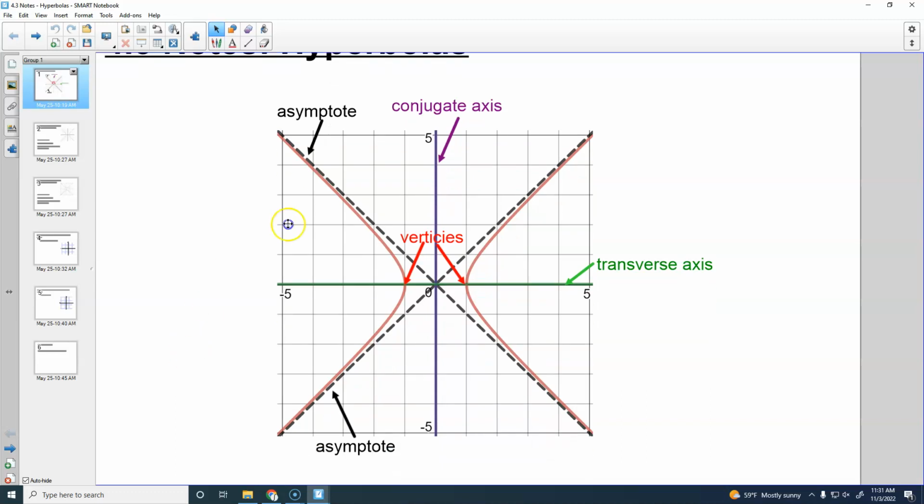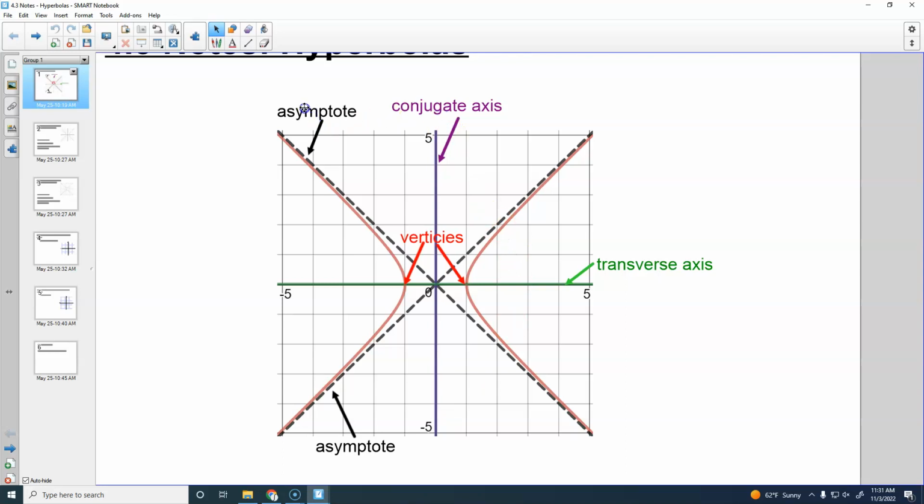Okay, so the vertices of a hyperbola are going to be these two sort of turning points of the graph. We call the axis that goes through those two vertices our transverse axis. This vertical axis right here, the one that goes between the two pieces of the graph, is called our conjugate axis.